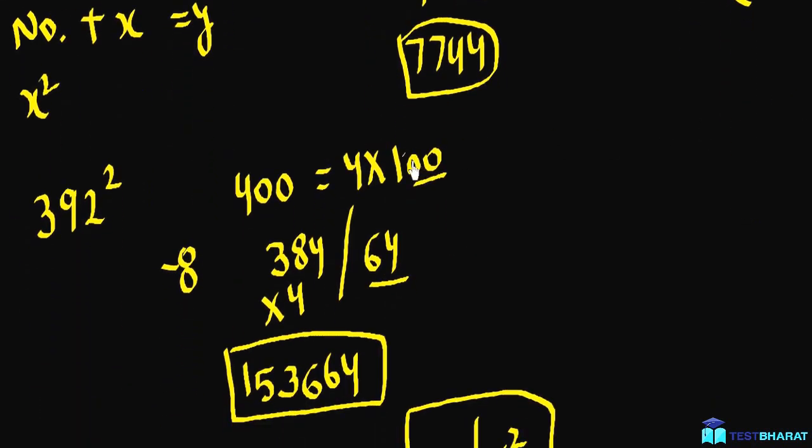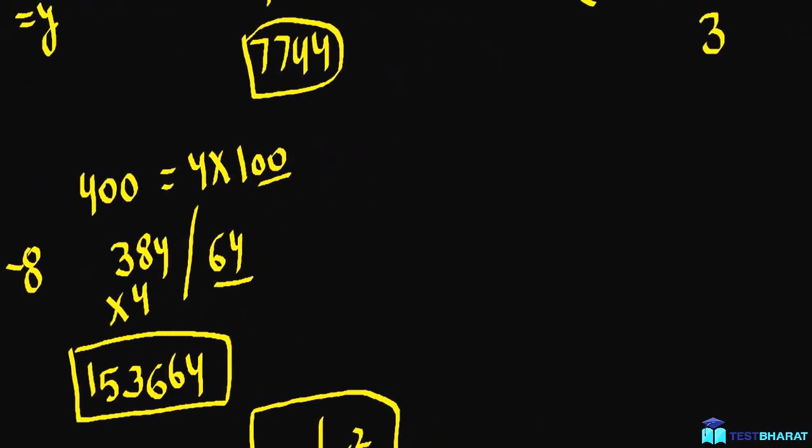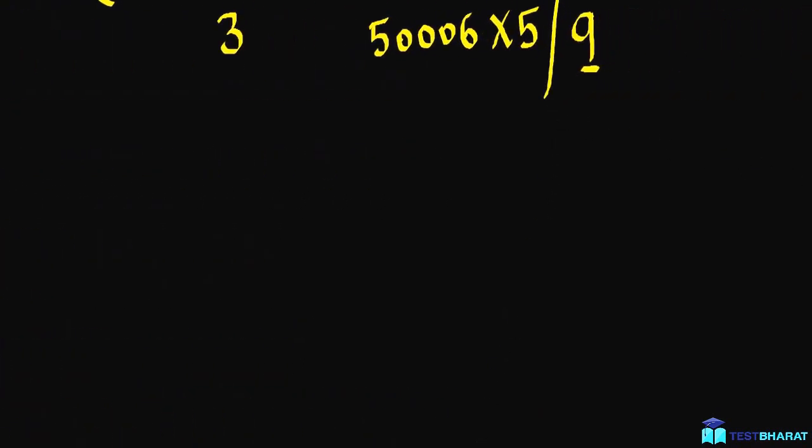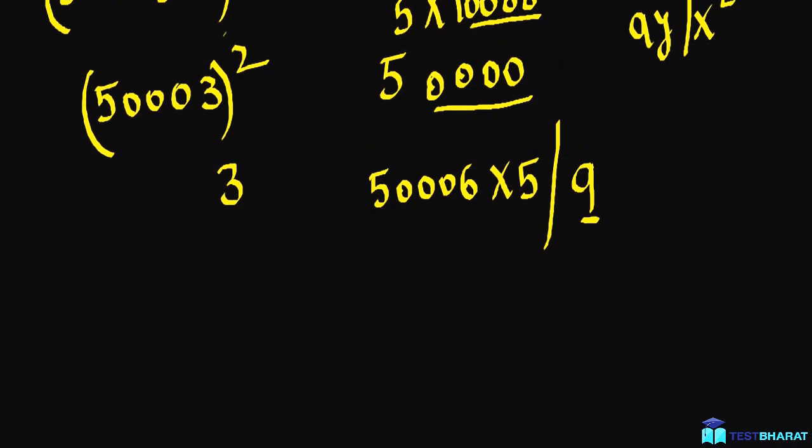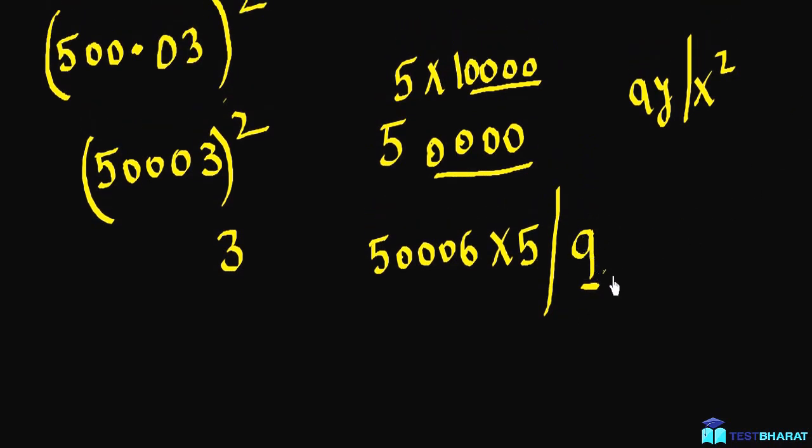And in these examples I was getting the number of digits here equal to the number of zeros, but in here the number of digits in x square is only 1, but I have told you that the number of digits here must be equal to this. So how can I equate it? I can write it as 0009, because this 0009 is also equal to 9.